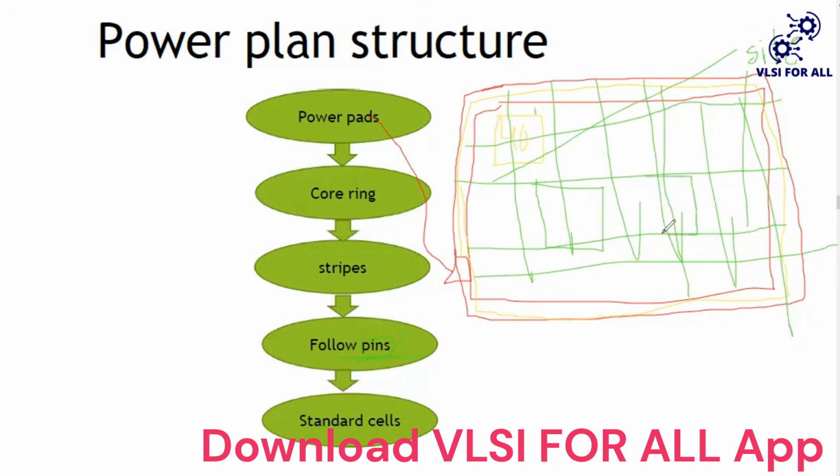Taking only one standard cell, power and ground connections are there. Above is the VSS. VSS means ground. The ground connection pins are present along the entire horizontal line.